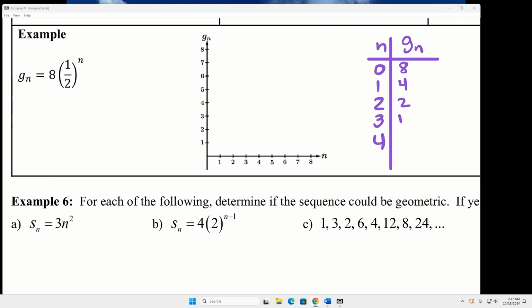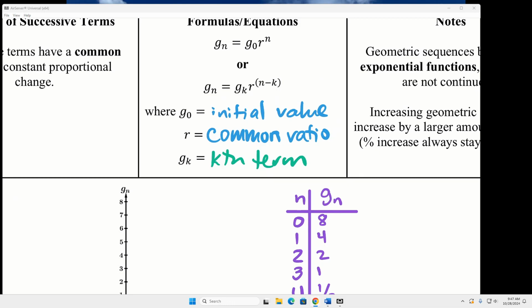And then 8 times 1/16. If you just looked at the terms, you can tell that each time you're multiplying by 1/2. And it makes sense because 1/2 was the common ratio. The common ratio is whatever is being raised to the power.